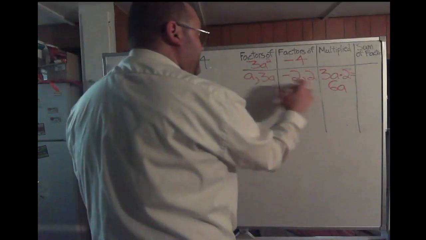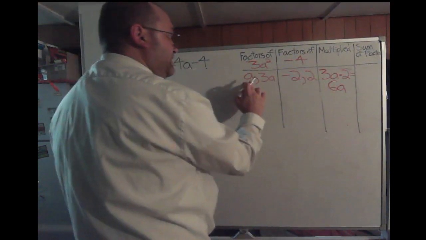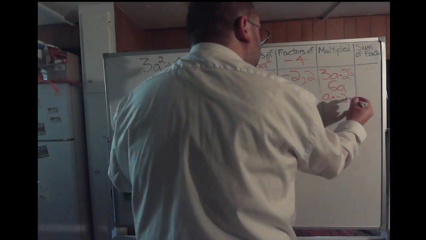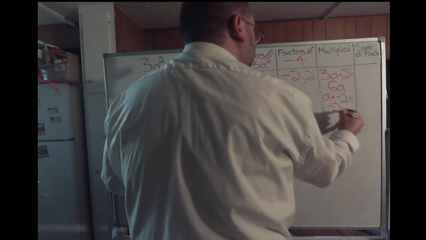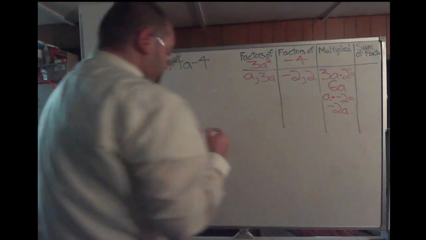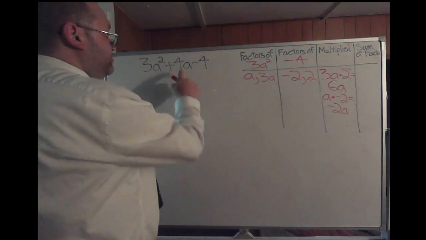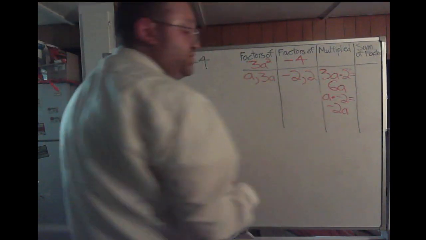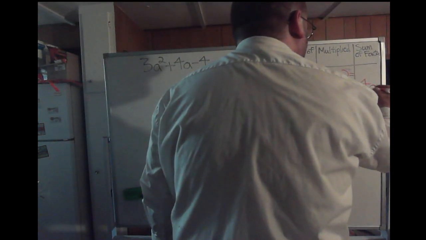So I took 3a times positive 2, which just leaves a times negative 2. I'll take a times negative 2, that would give me negative 2a. So now I'm looking to get a middle term of positive 4a. Well, if I take the 6a and negative 2a, add them together, I do in fact get 4a. I get positive 4a.